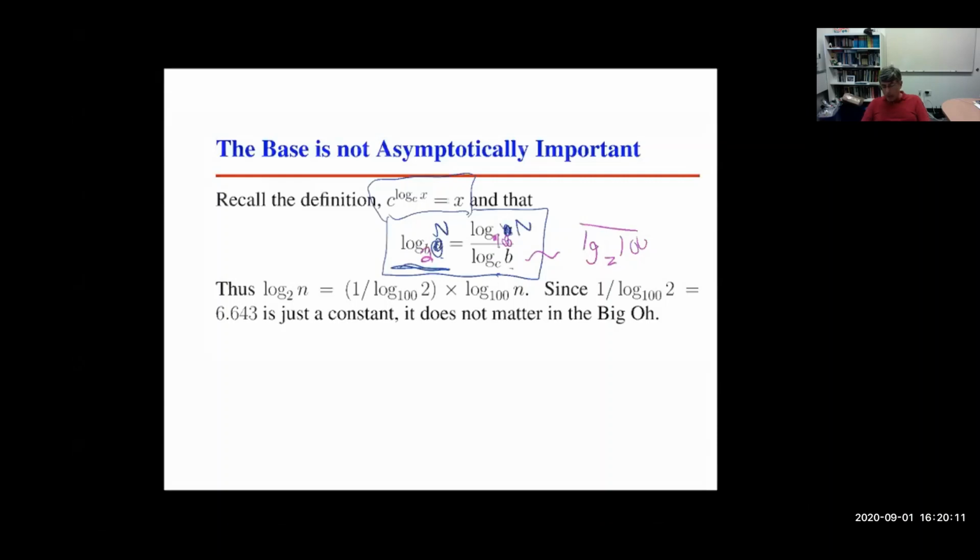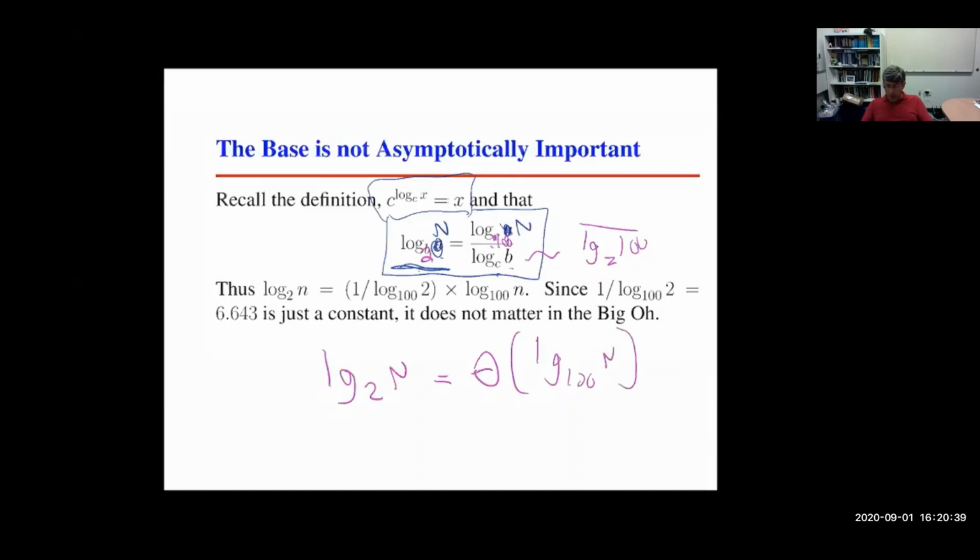If log base 2 of n is equal to log base 100 of n divided by a constant, what does that mean with respect to our theta notation? Okay, it means that basically log base 2 of n is equal to theta of log base 100 of n.